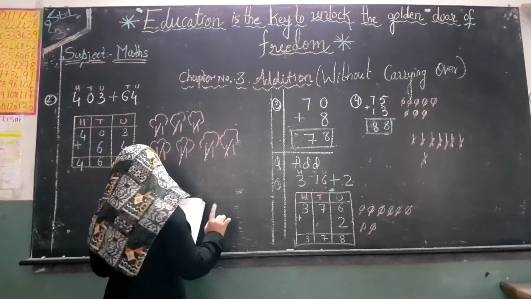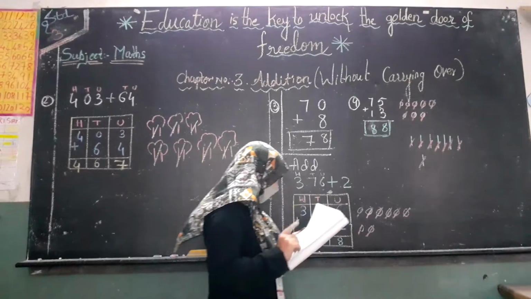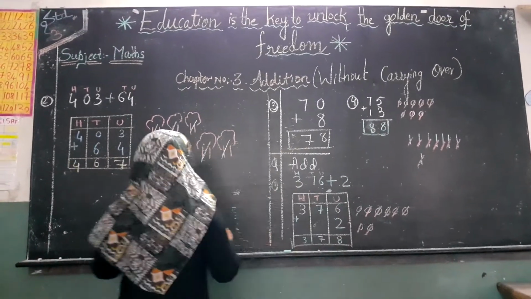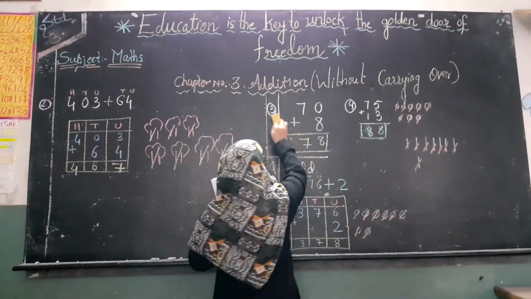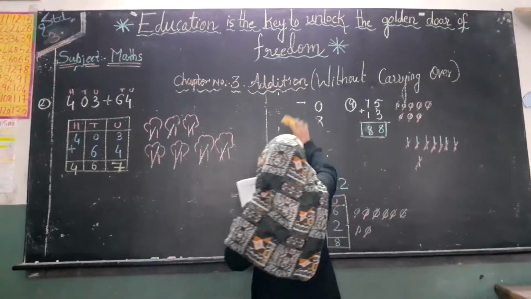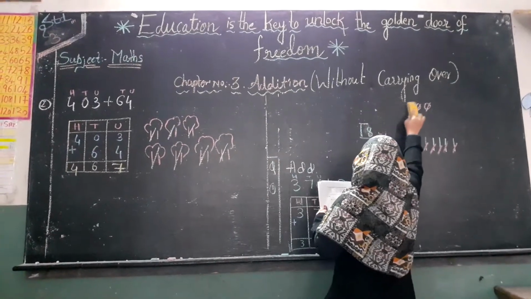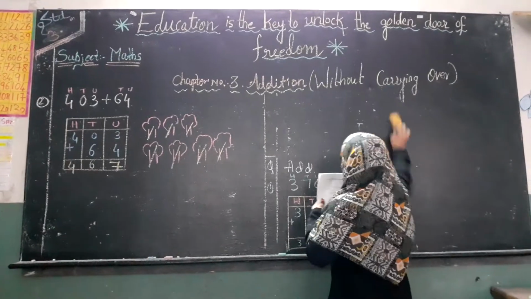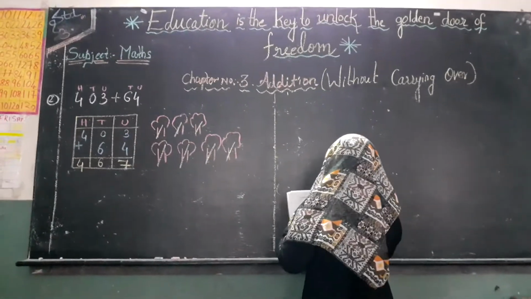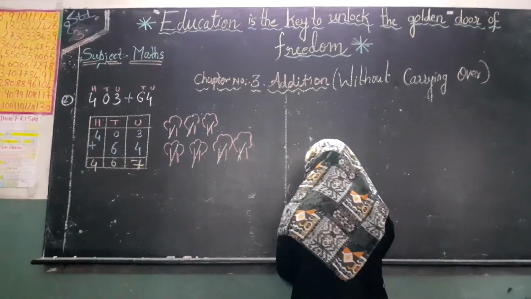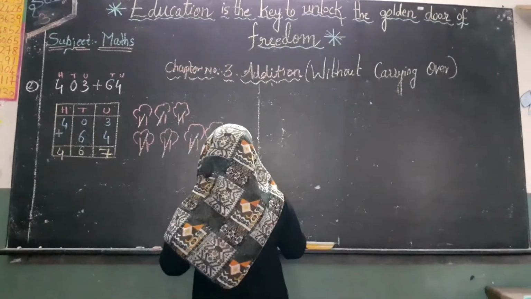First sum is 664 plus 220. So we will solve here. Okay.